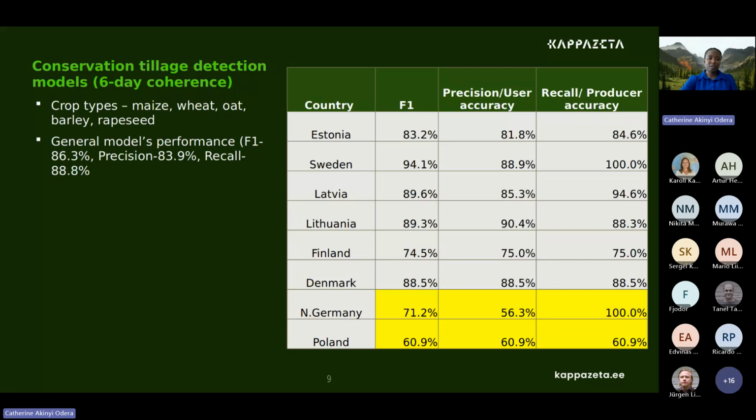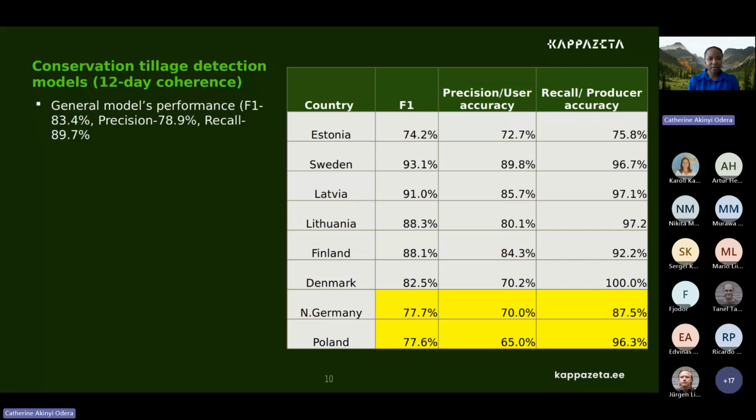That is Northern Germany and Poland. And that is because we think the model was a bit biased in these regions because we didn't have enough data for this particular region. You can see, especially in Poland, the model didn't perform really well. The F1 score is around 60.9. If you compare that with Sweden, which was 94.1, it's quite low.